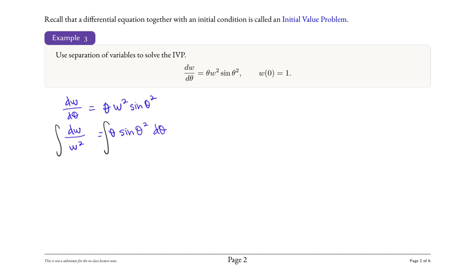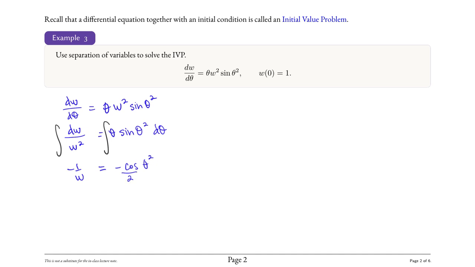On the left hand side, it is the antiderivative with respect to w, and so it is minus 1 over w. And on the right hand side, to find the antiderivative of theta sine theta squared, we can use substitution, but we can guess that the antiderivative of theta sine theta squared is minus cosine of theta squared divided by 2.